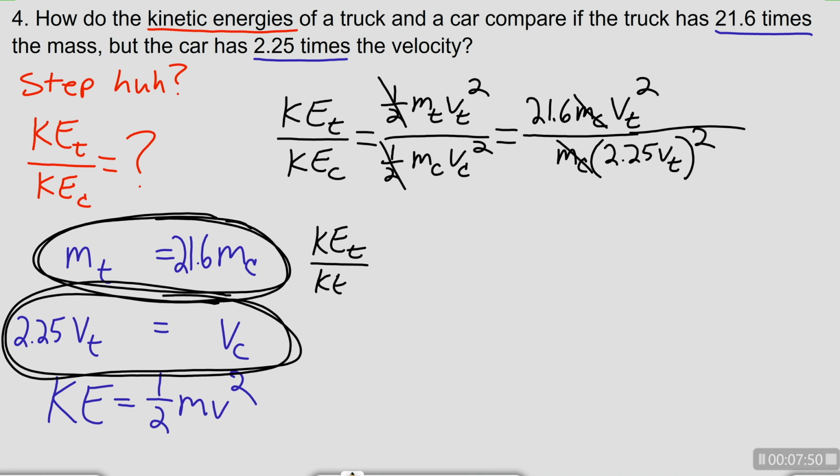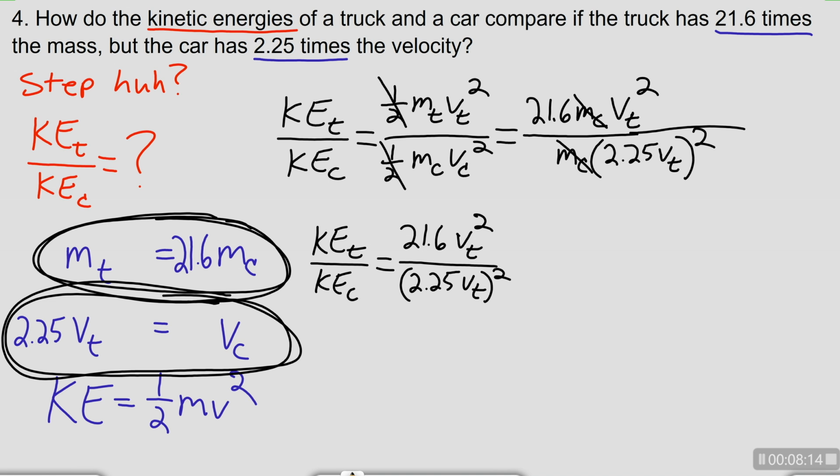KE sub t over KE sub c. And right now what we have is that is equal to 21.6 v sub t squared, and on the bottom 2.25 v sub t, and that whole quantity gets squared.